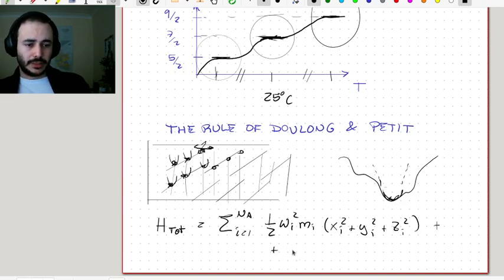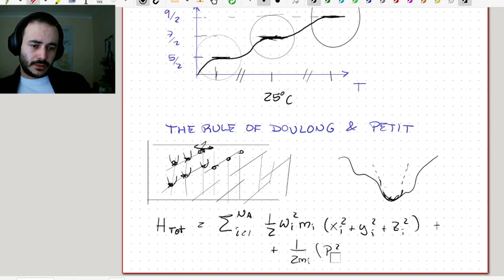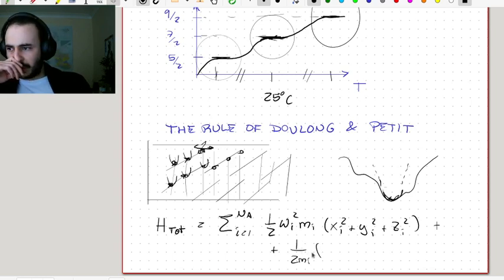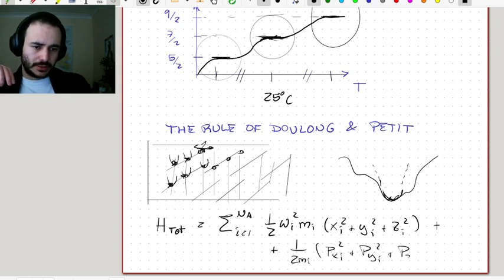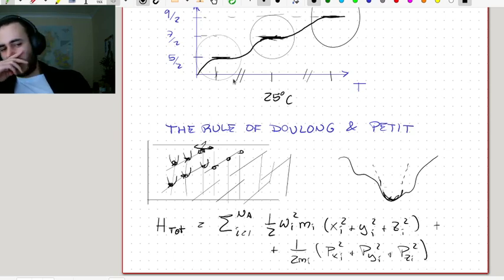And then, of course, the kinetic term, which is 1/2m_i times p_i squared, let's say p_x,i squared plus p_y,i squared plus p_z,i squared. And the sum goes all the way up to a number of the order of Avogadro's number, which is a lot.